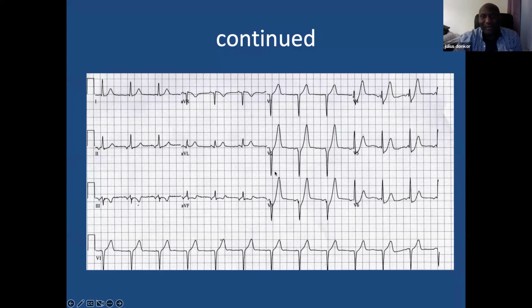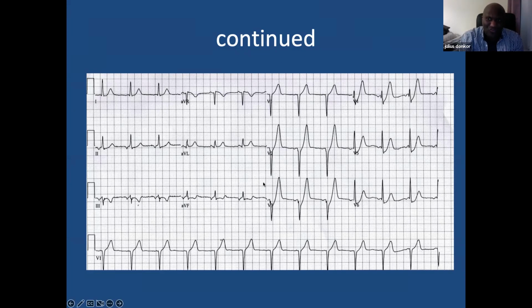You get this particular pattern with upsloping ST depression emerging with a hyperacute T wave, and you're looking at V2, V3, which might extend into V4 as well. So that's LAD, and you can already see reciprocal changes in the inferior leads.